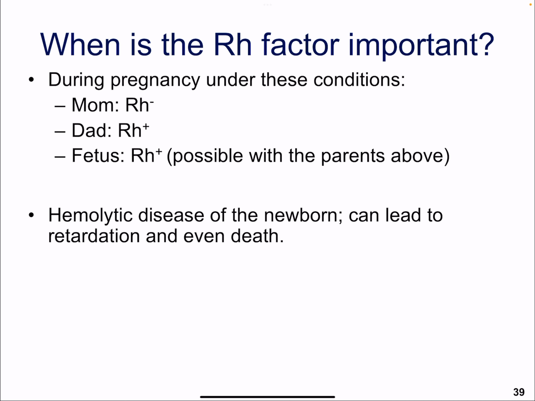So now, let's assume that you have a mom who is rhesus negative, who is married to a man who is himself rhesus positive. Now, because dad is rhesus positive, their future baby, the fetus, is necessarily going to be rhesus positive.